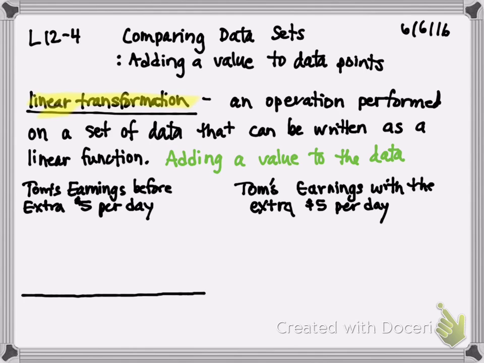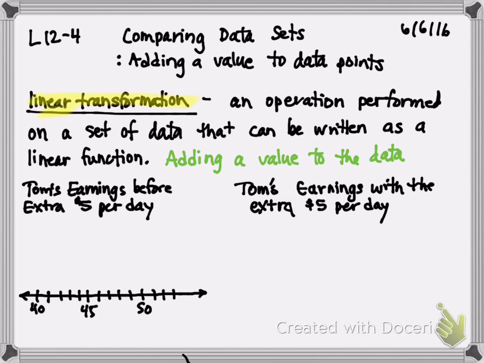So a dot plot is a line. It has a line to it. And let's see, we're going to count by ones. We're going to start at 40, and we're going to end around 60. So 40, 41, 42, 43, 44, 45, 46, 47, 48, 49, 50, 51, 52, 53.